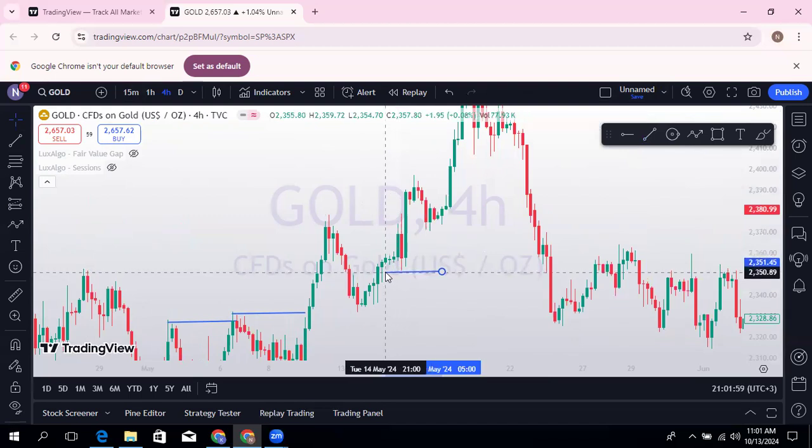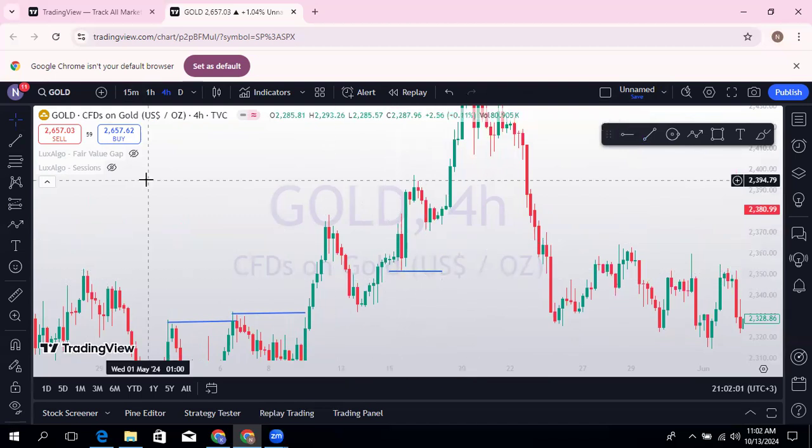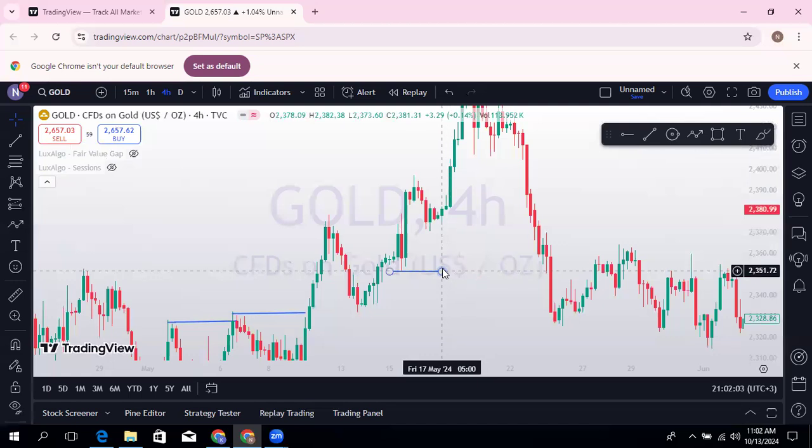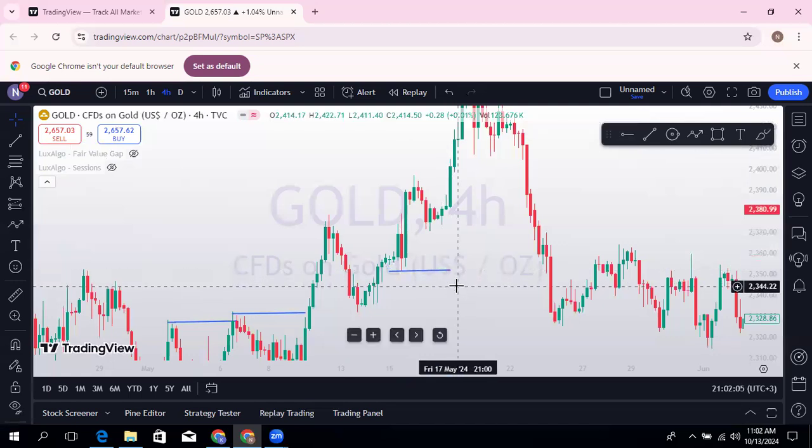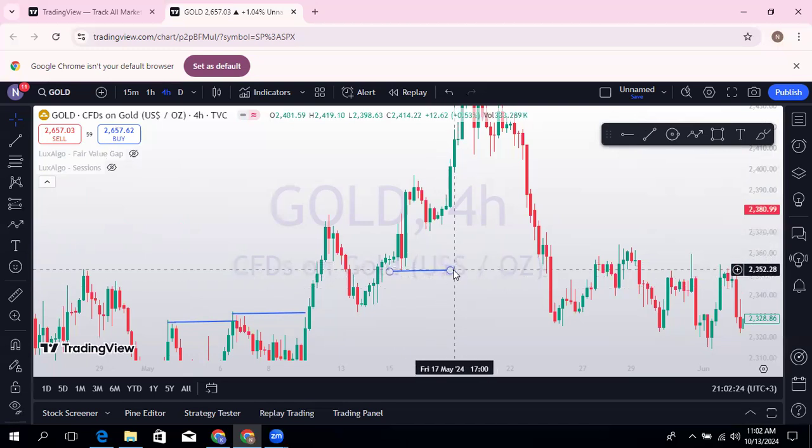Remember to use this Fibonacci retracement on lower time frames, for example, 15 minutes, because that is where you get your entry. So I'm showing you on 4-hour time frame, but as well, it's good to use at 15 or 5-minute time frame so that you can get a very good stop loss and so that you cannot risk a lot of money. So at this point, let's consider this as the key point.